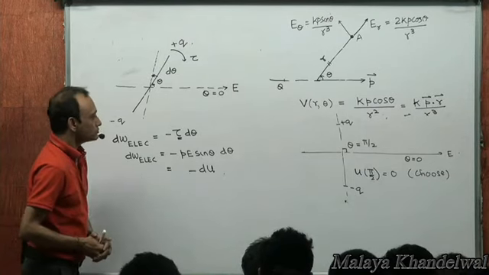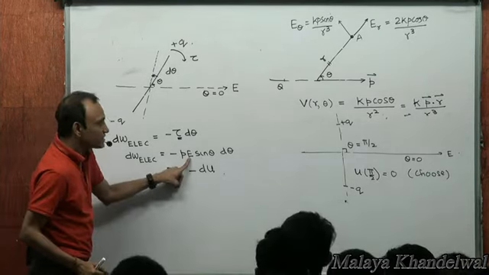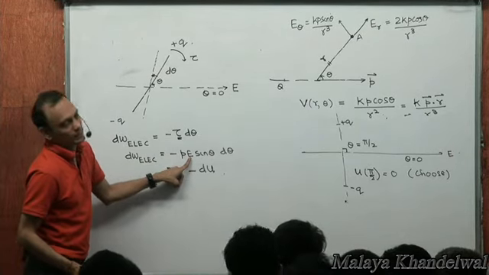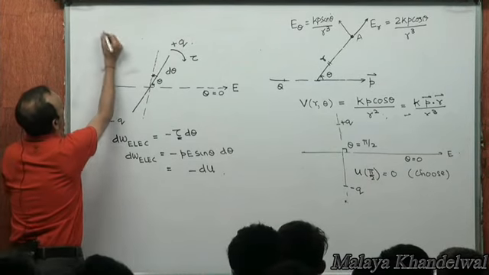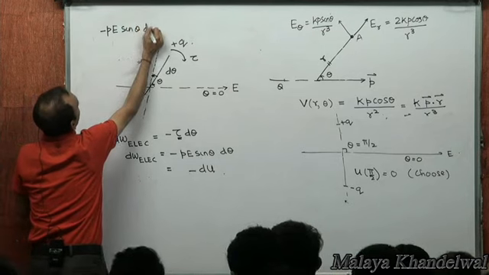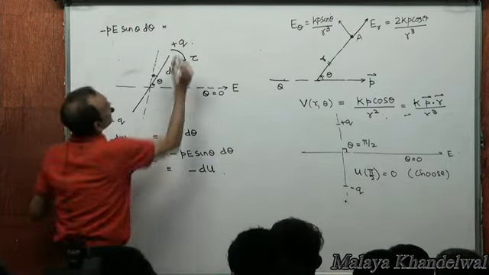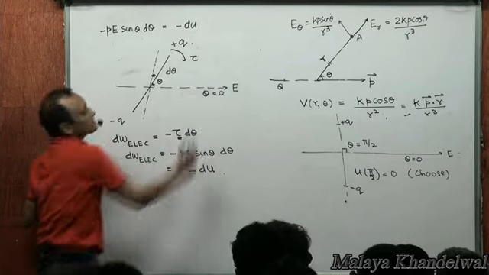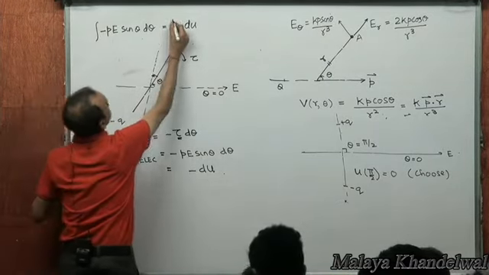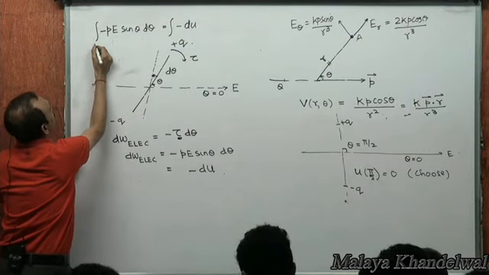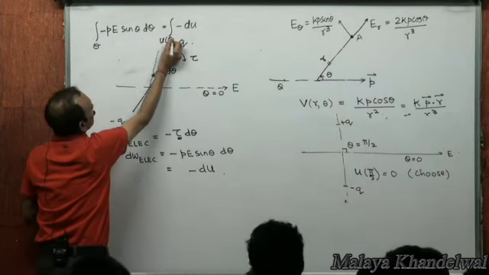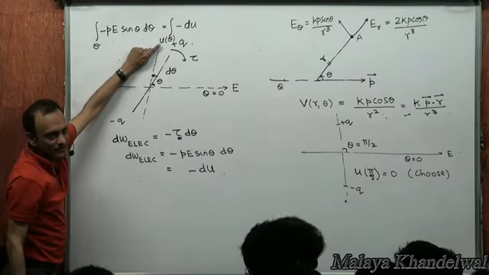Now, let me integrate both sides from theta equal to theta to pi by 2. So, minus Pe sine theta d theta equals minus dU. When theta is theta, U will be U at theta.